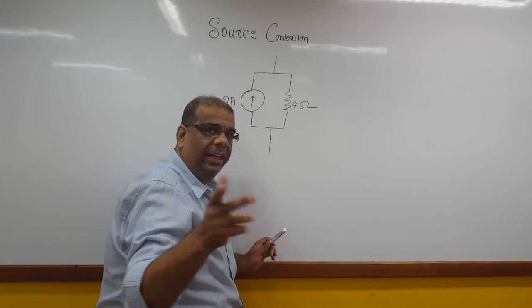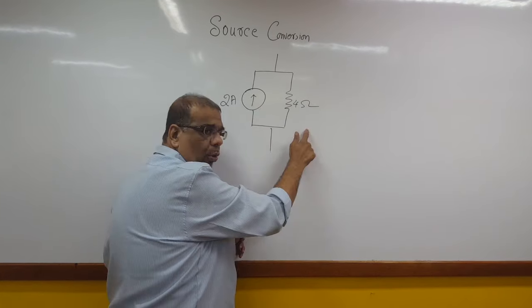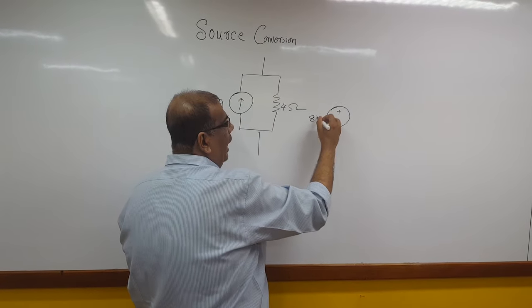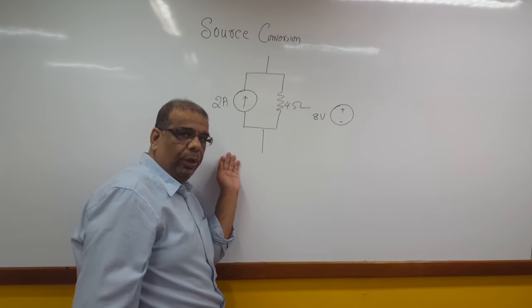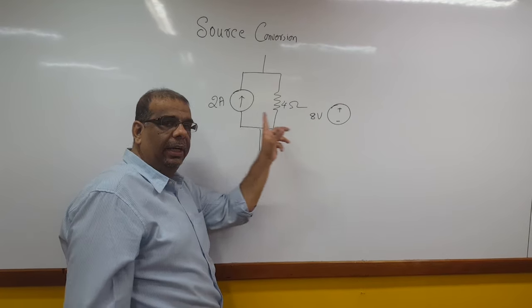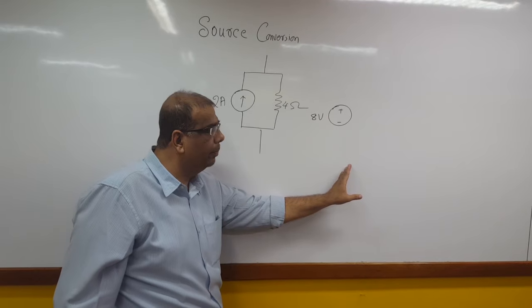Ohm's law, I into R is equal to V. 2 amperes, 4 ohms will give me a potential of 8 volts. So if I want to convert a current source to a voltage source, the first thing I will do is I into R. 2 into 4 gives me 8 volts.